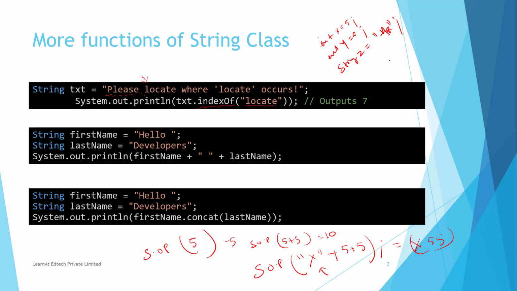Now if I add z plus x plus y, what should I get as output? Any idea? I'll get age, then 5, then 5. This is how I'll get the answer. Even if x and y are integers, when they mix with the string, they act as a string. Got it, guys?